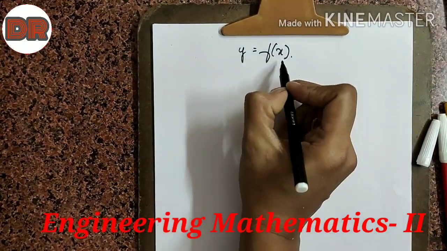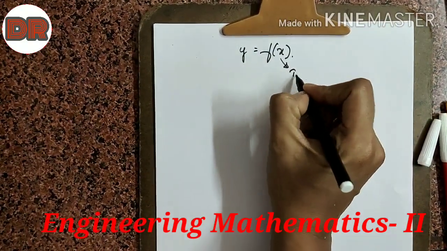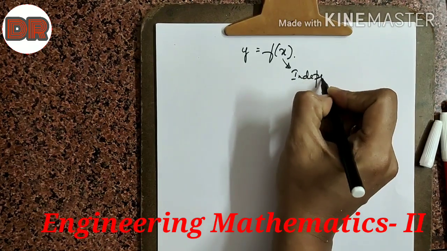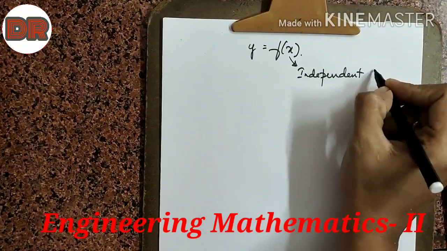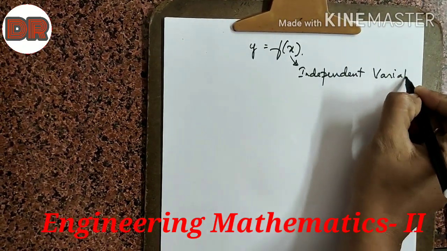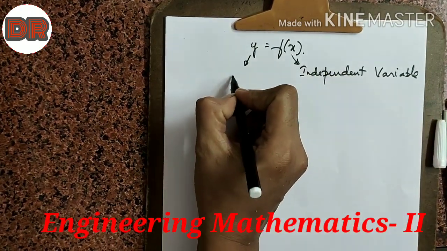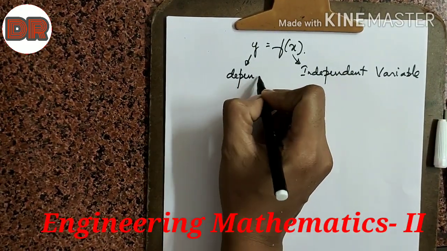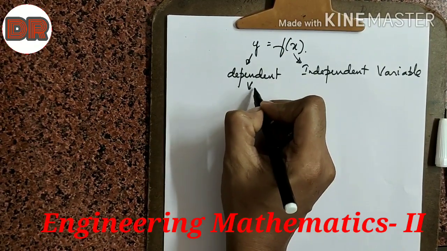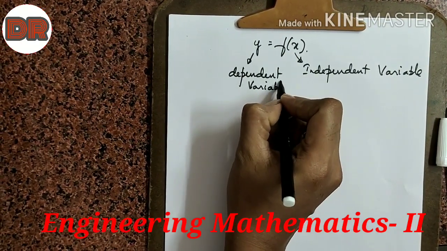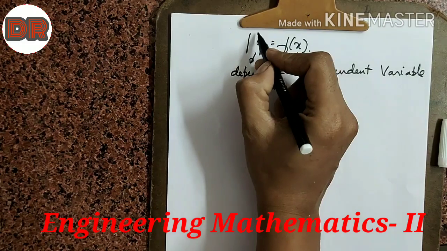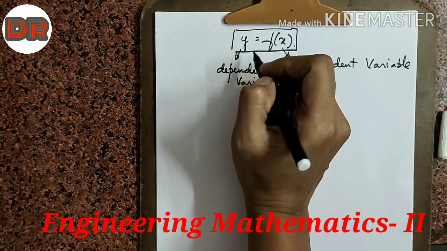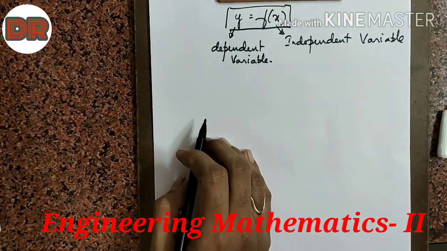Here x is the independent variable and y is known as the dependent variable. So this is the general format of a general equation.